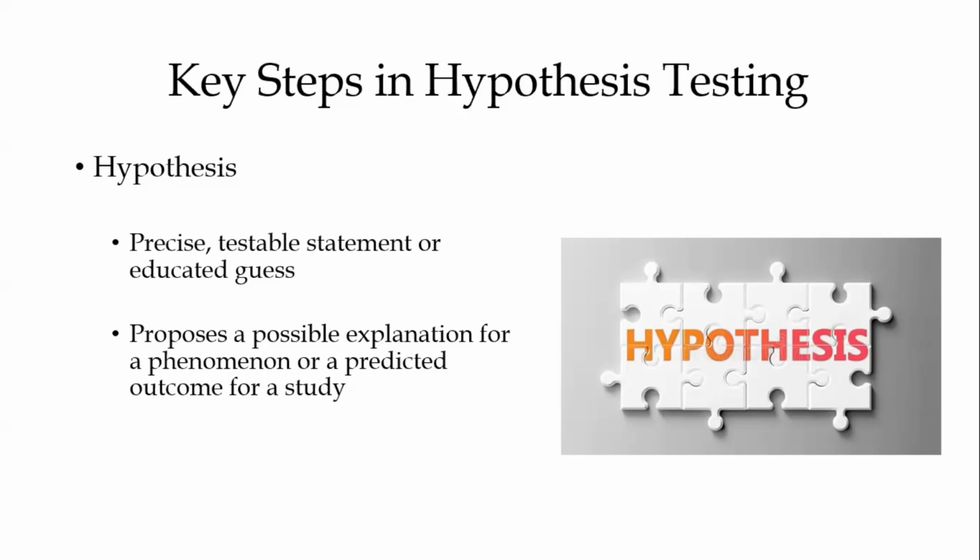It's a precise, testable statement. We can have two groups of patients, each group is given a different drug, and we can measure their mean blood pressure. So it's a testable statement. It's also an educated guess. So that is what a hypothesis is.